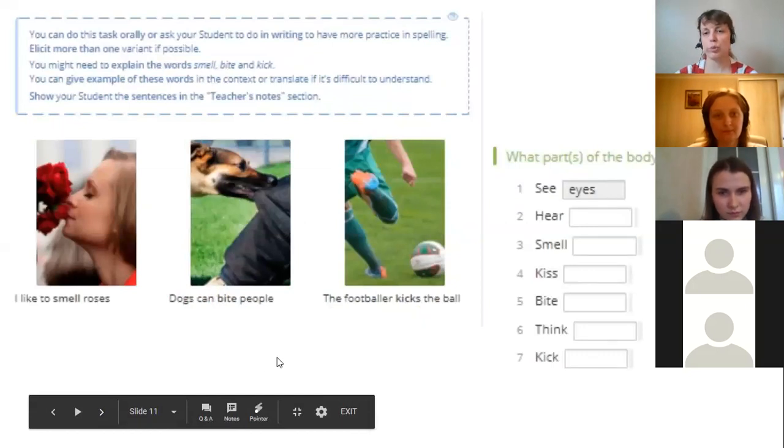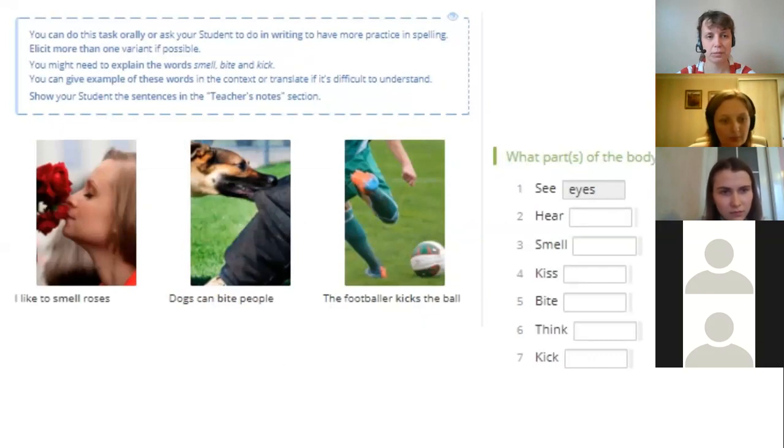And this one, what's wrong with this? Again, students can be confused because maybe the words are a bit difficult for pre-intermediate students. Smell, bite, not all of them understand these words.